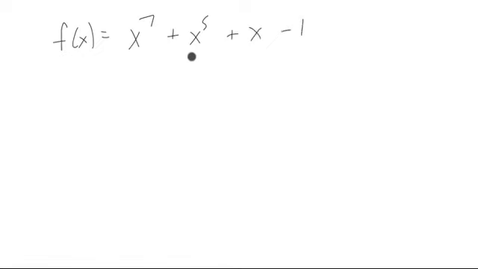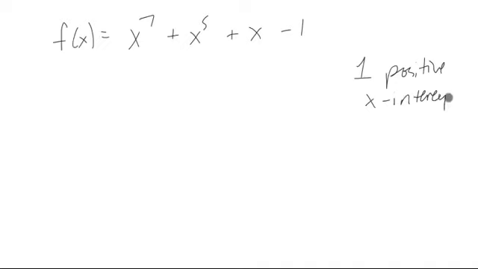Okay, so right now, taking a look at this, at least for positives, we have one sign change. So actually, we're guaranteed one positive x-intercept.